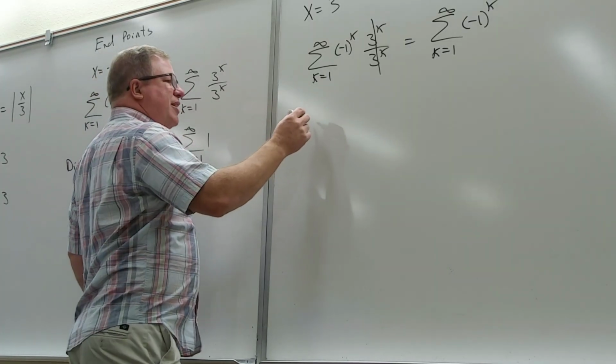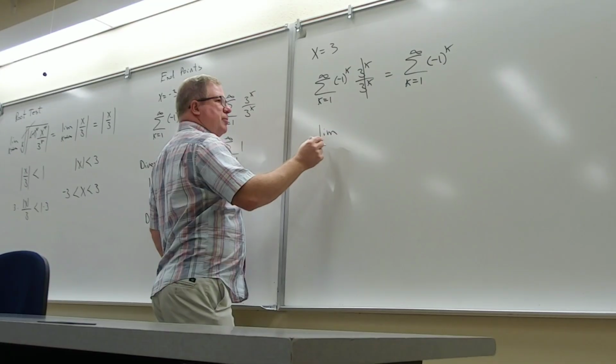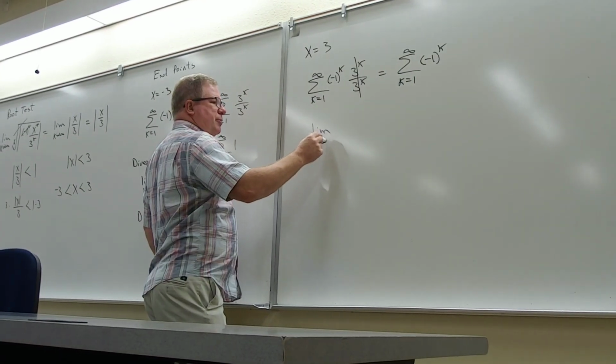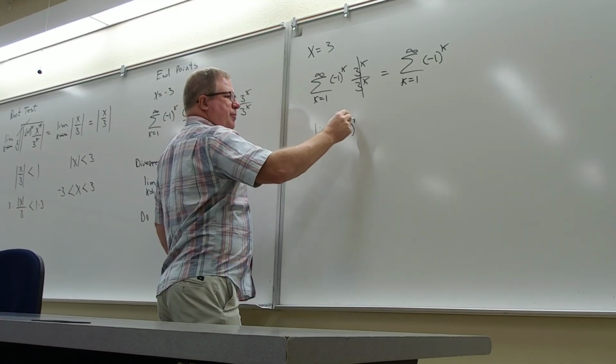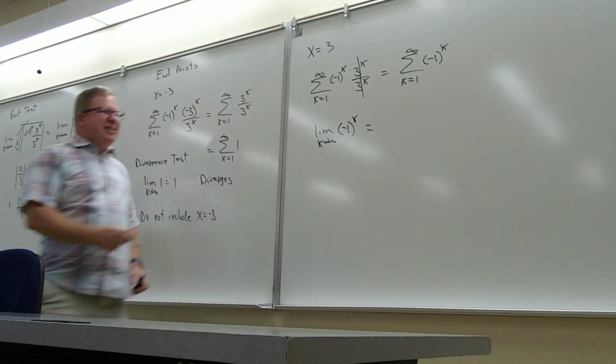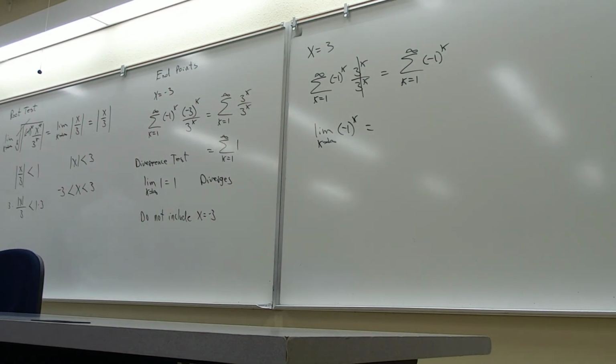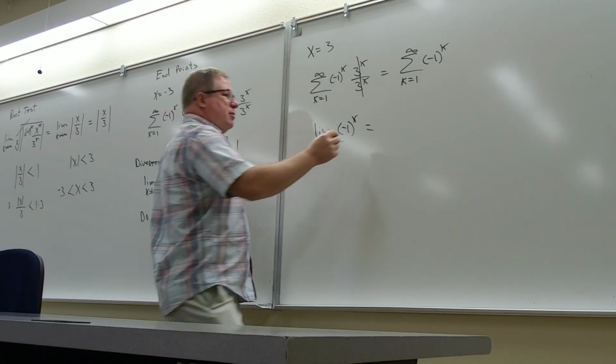Well, use our divergence test again. Does that limit approach a specific value? No. As we put in integers, it's going to jump back and forth: +1, -1, +1, -1. It does not approach a specific value, does it? So this limit does not exist.